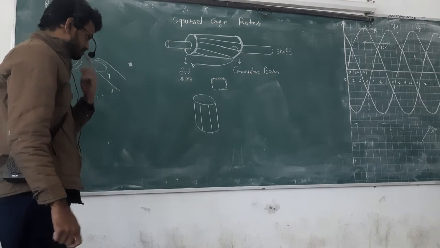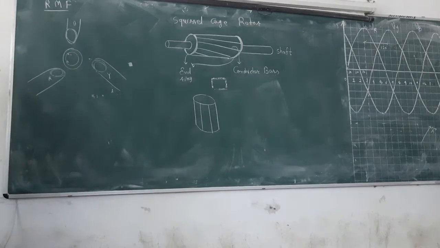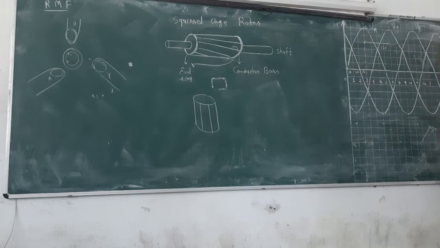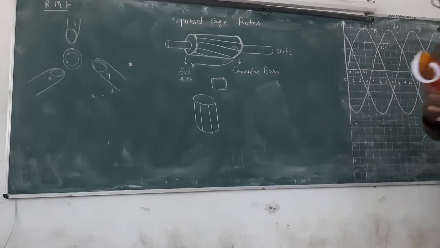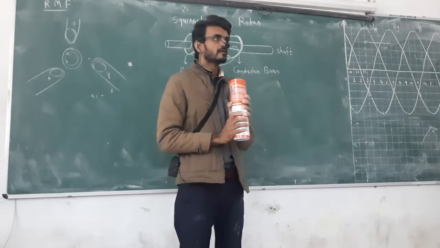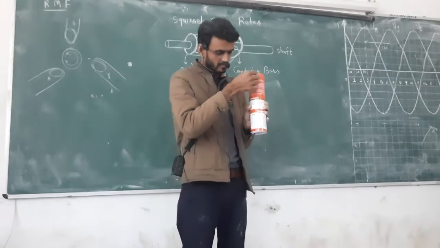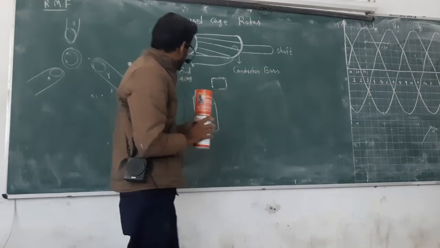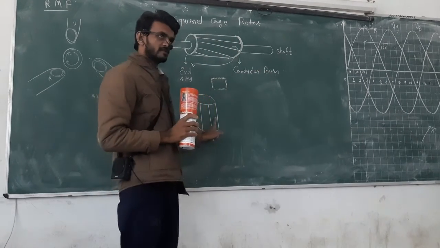See here. This is the main phenomenon that you need to understand. If I have a rotor, and this rotor has conductors here, the remaining portion is the insulation.